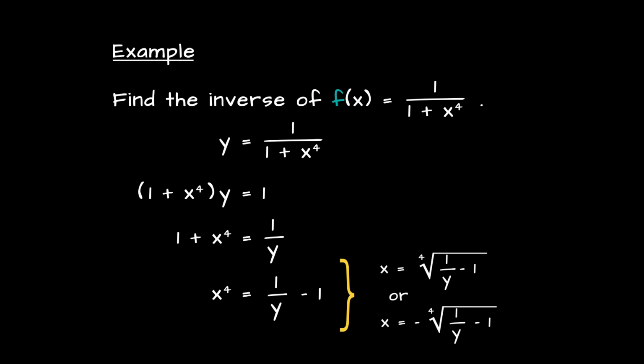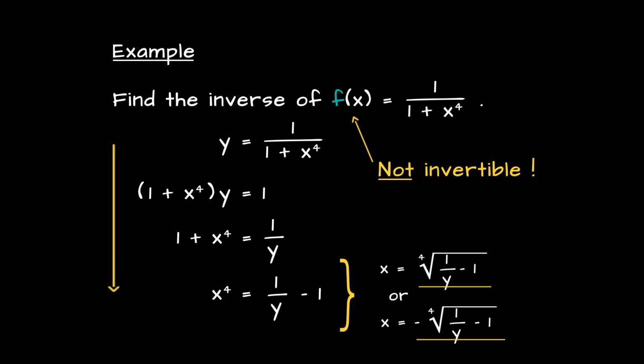We could take the principal root, which is the positive 4th root of 1 over y minus 1, or we could take the negative 4th root of 1 over y minus 1. Since there is not a unique way to solve for x here, we must conclude that the function f is not invertible. The moral of the story is that when trying to find the inverse of a function algebraically, try to make sure that every step in your work is also an invertible operation.